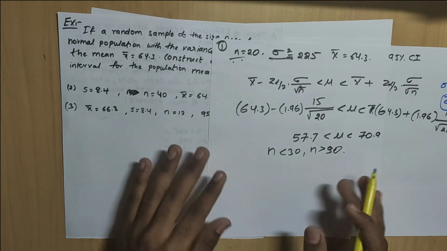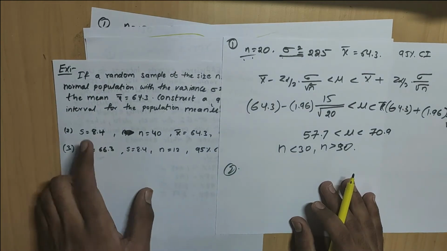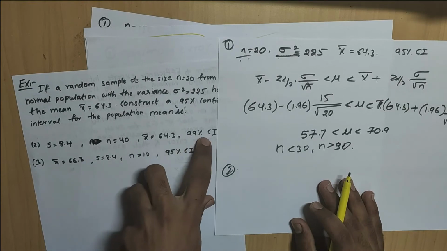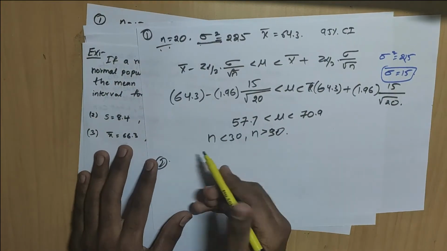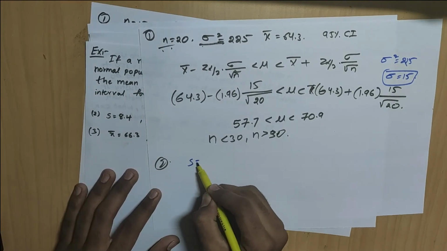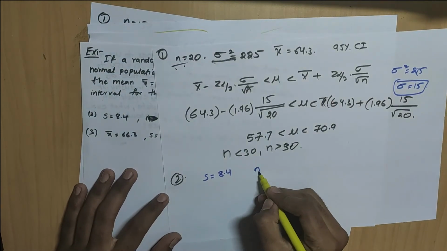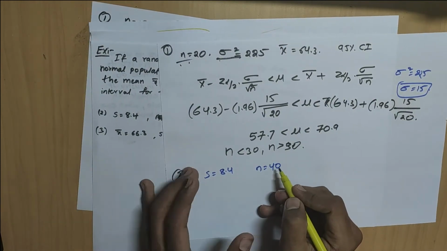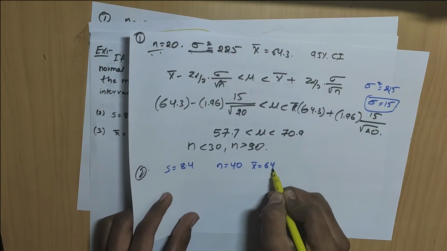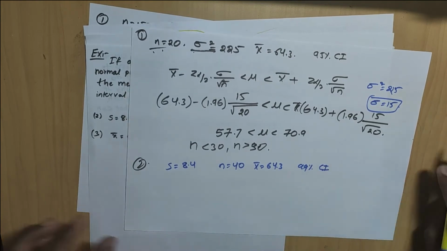So the second problem I'm going to do is when s is given, 8.4, and n is 40 and x bar is 64.3 and 99% confidence interval.